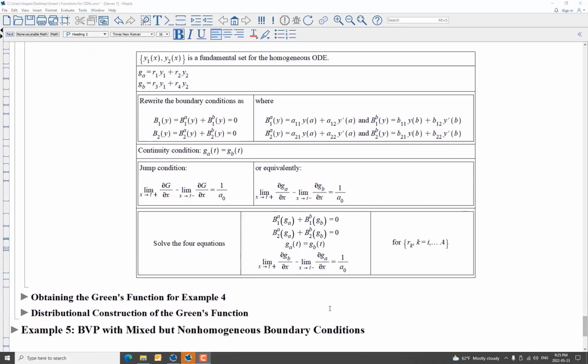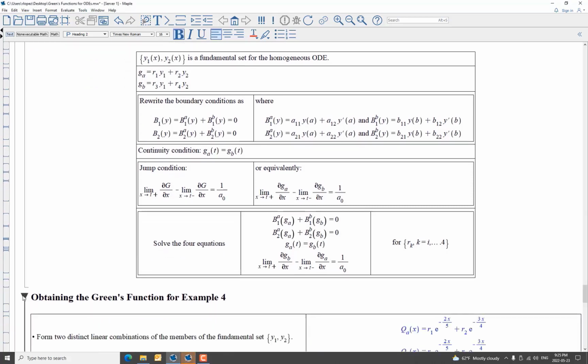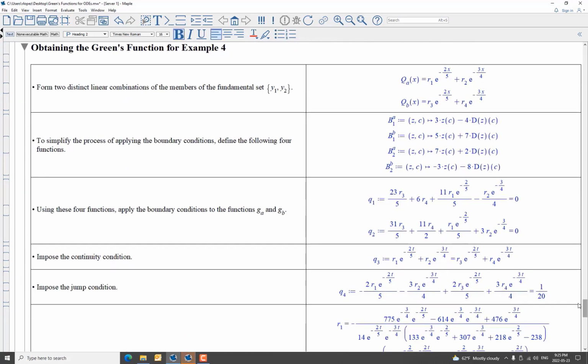Now let's implement this strategy in Maple. Two different linear combinations of a fundamental set. 4 constants, R1, R2, R3, R4. Call this chunk QA, which is the GA, and QB, which is the GB. This is the split for the boundary conditions. Boundary condition 1, 2 chunks.